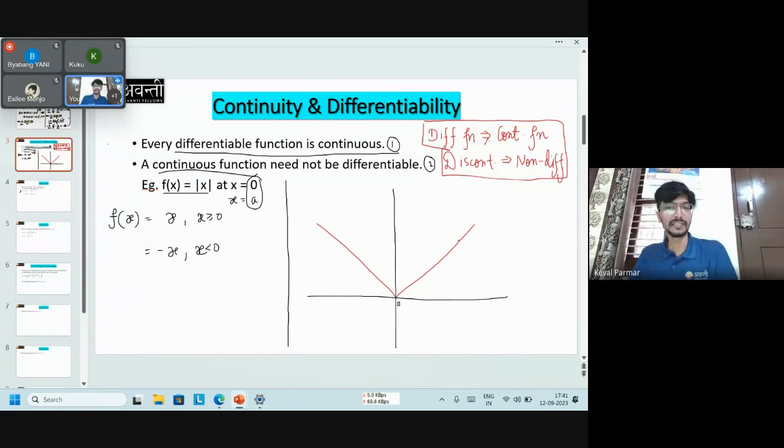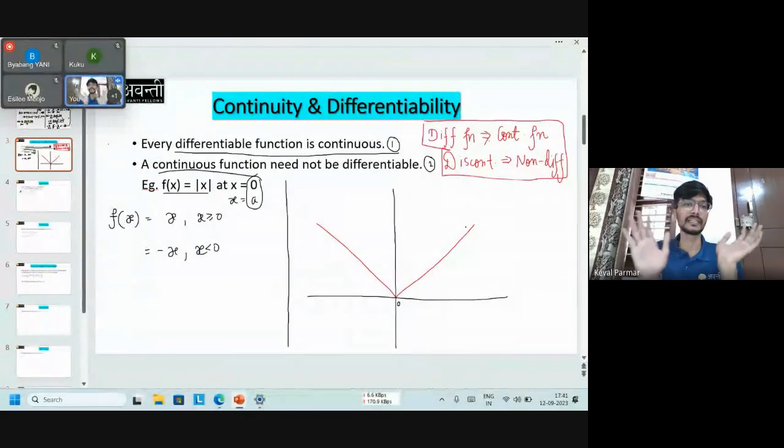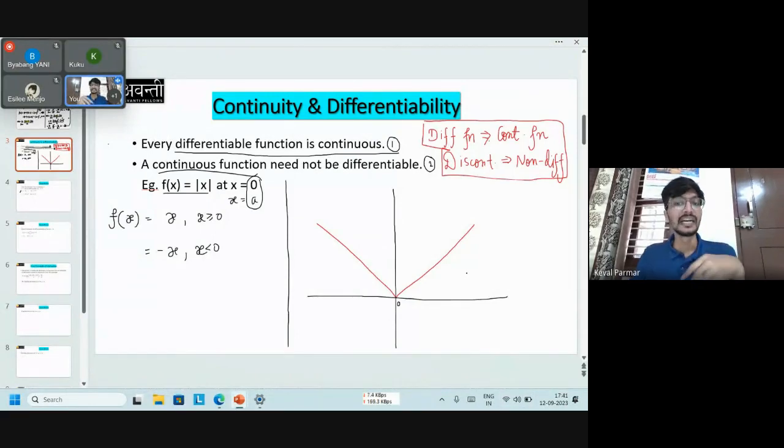And sharp turning means the function is non-differentiable at x equal to 0. But as you can see, there is no breakage in the function. That means the function is continuous at x equal to 0.